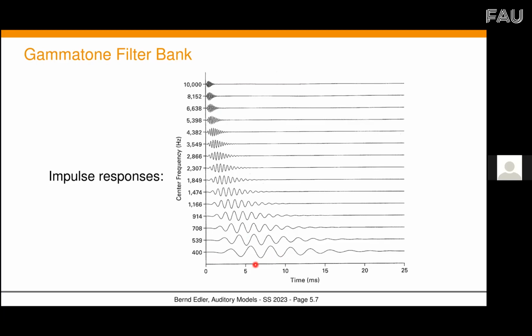So we have that match, and that's why gammatone filter banks are a relatively good first, let's say linear, approximation of what goes on in the cochlea. And that's why they're used so frequently.